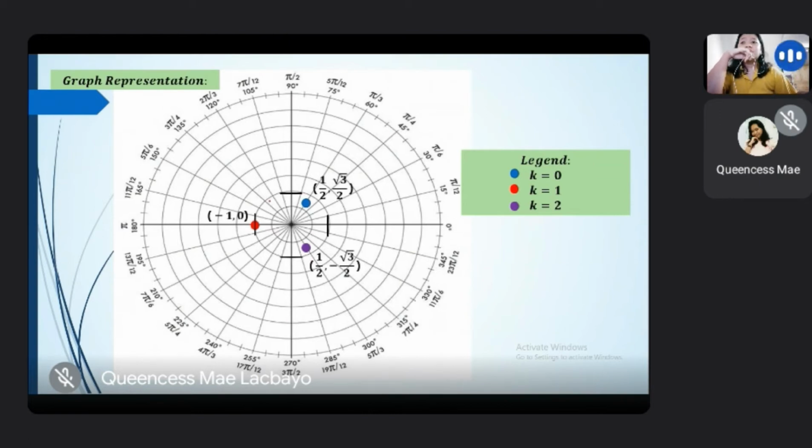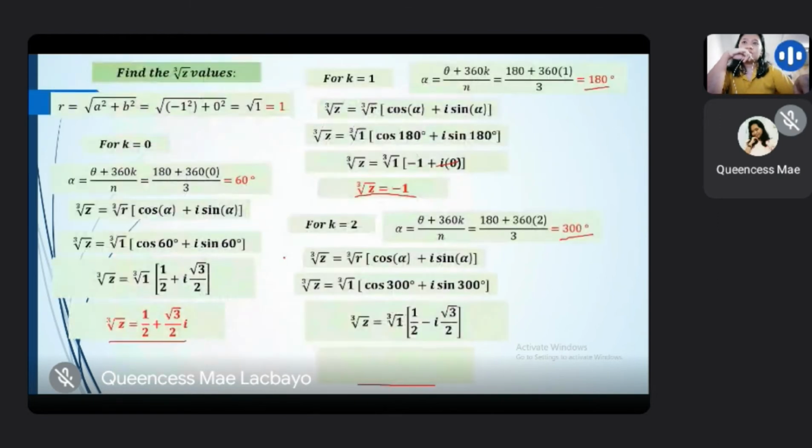Let's assume this is positive 1 and negative 1 for the x-axis, and negative 1 and positive 1 for the y-axis. Let's start with k equals 0. Our answer is 1 half plus square root of 3 over 2 i.